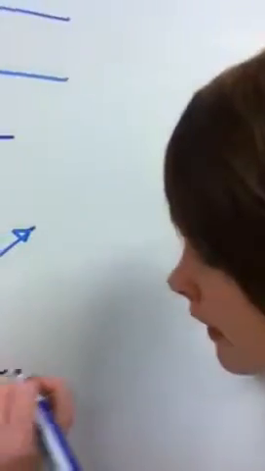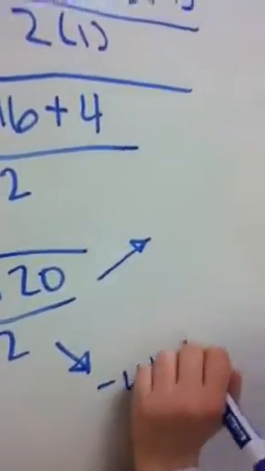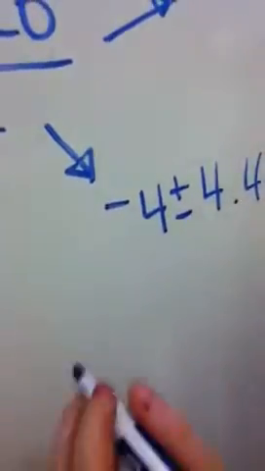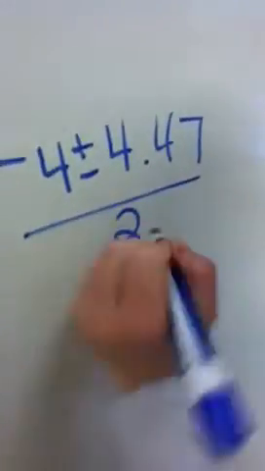Okay, now you'll get negative 4 plus or minus 4.47, and that's the square root of 20, divided by 2.